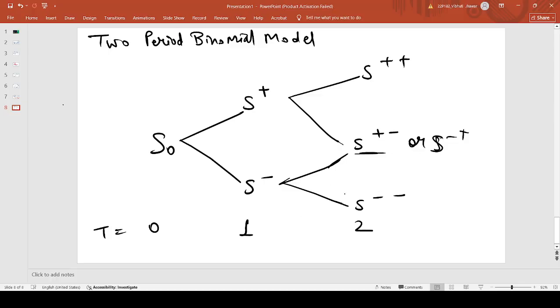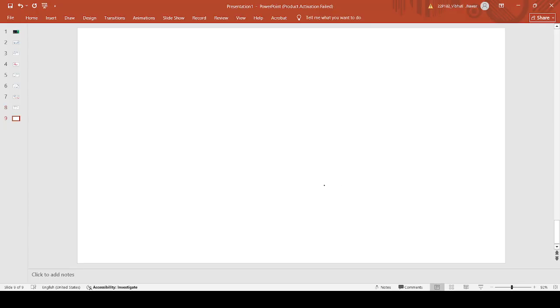Now let us take one example and understand it. Let's say today the stock price is $50. The exercise price is 45. The factor by which it can go up is 1.25, which is a 25% return.